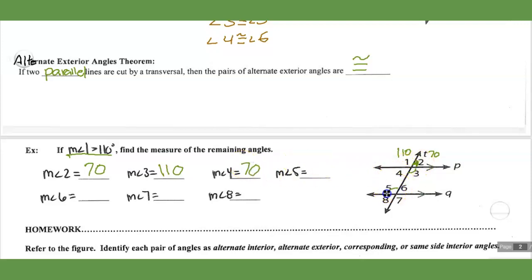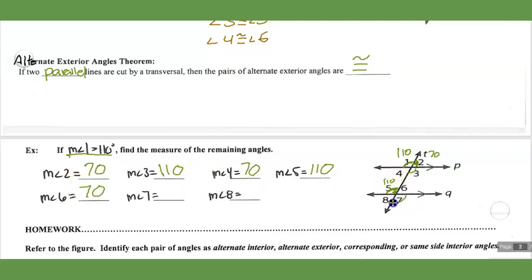Angle 5, we can see, is corresponding to angle 1. They're both on the upper left. So we know by corresponding angles that's going to be 110. Angle 6, right here, you can do a couple ways. It's a linear pair with angle 5, which is 110. That's what makes it 70. But it's also corresponding with angle 2. Angle 6 and angle 2 are corresponding, so it's also 70 that way.